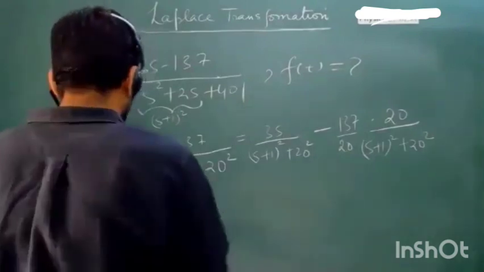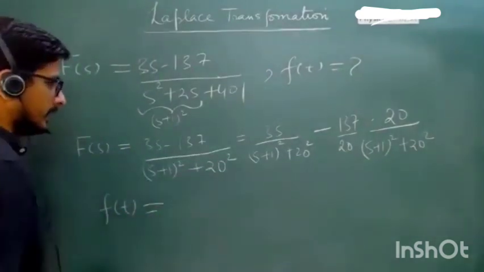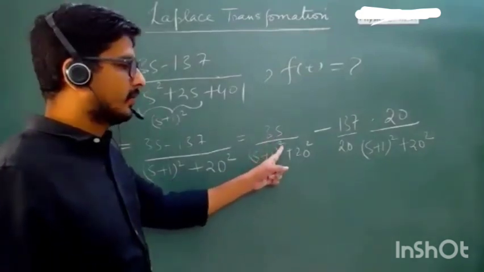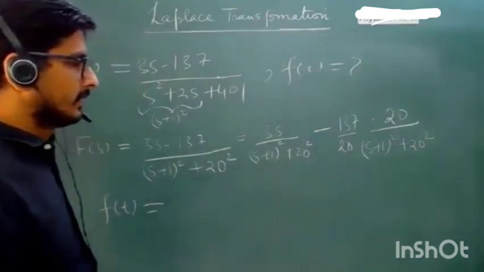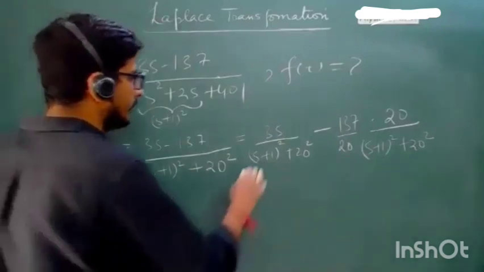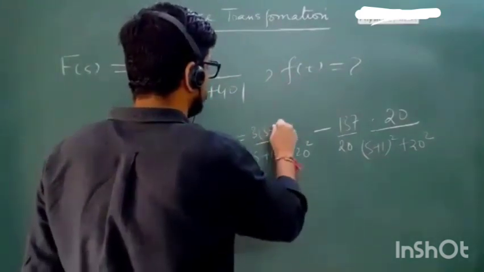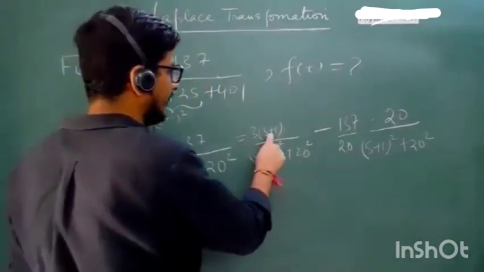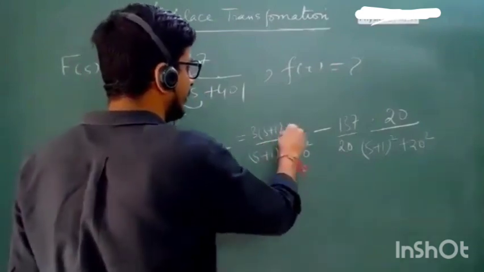Now apply inverse Laplace to get f(t). So this is s over s plus 1 square plus 20 square. How to handle this? The first step will be to write it as 3 times s plus 1, because I want s plus 1 here. 3 is extra, so I will have to write minus also.